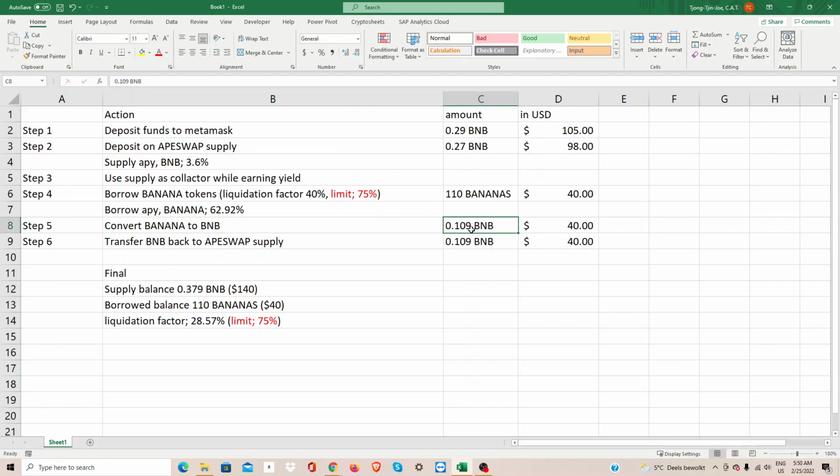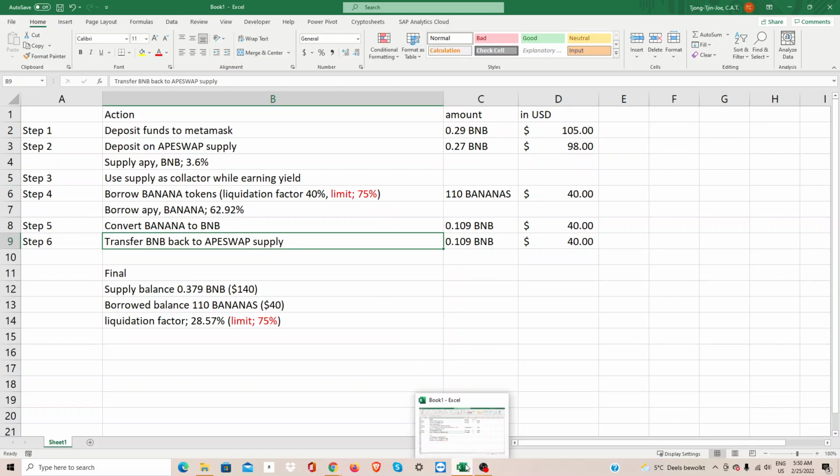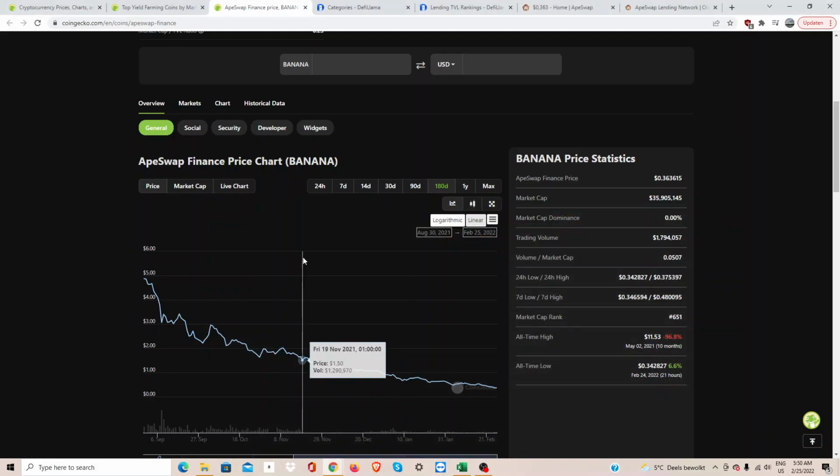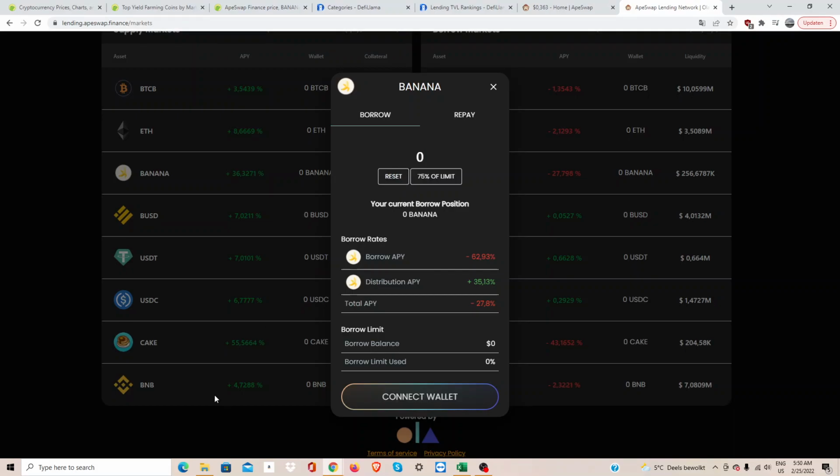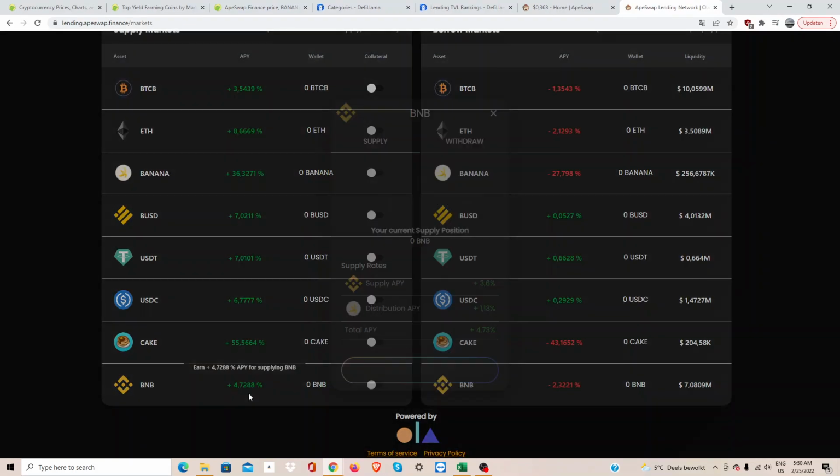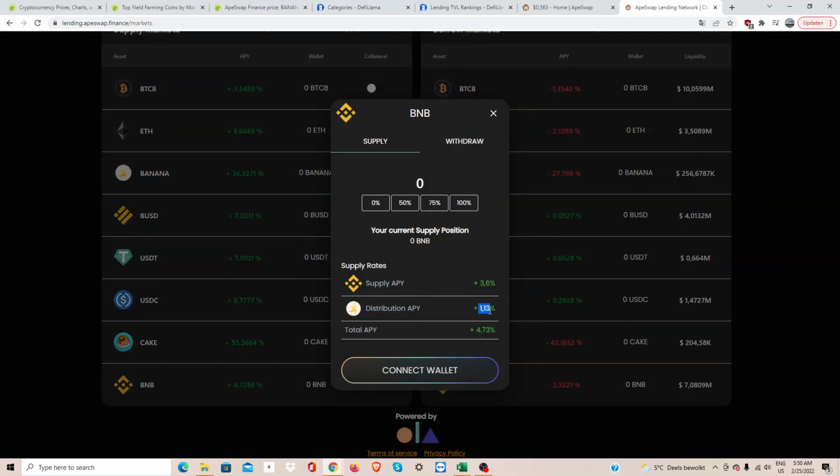I got approximately 109 BNB for it, and I transferred that BNB back to ApeSwap supply, so I can earn my yield of 3%. Actually, yeah, 3%, because I'm not counting the extra 1%, because this is really worthless.